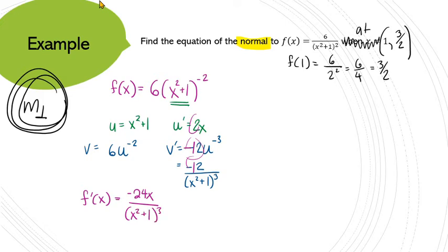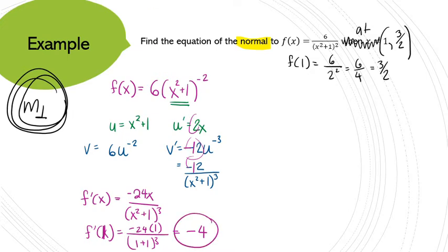All right. Don't bother trying to flip this. Just get what the slope of a tangent line is, the actual number. So I'm going to sub in the number 1. Negative 24 times 1 divided by 1 plus 1 cubed, which is negative 24 divided by 8 equals negative 4.